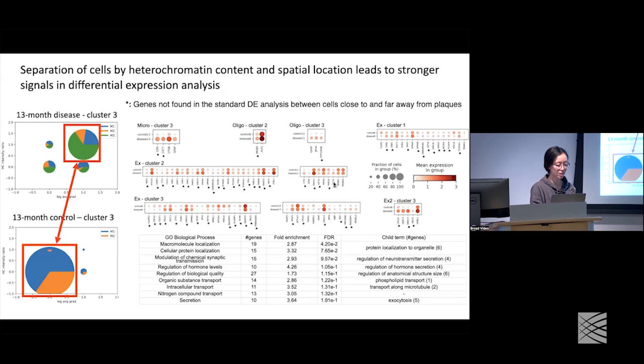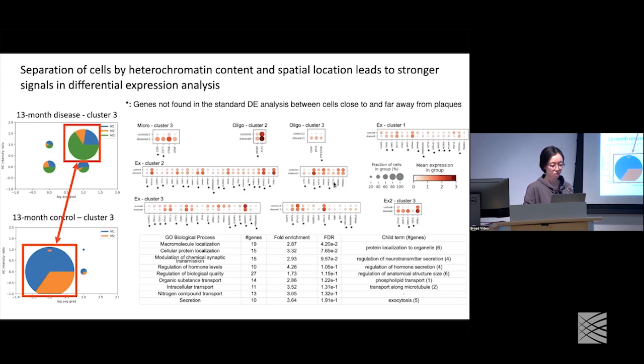We can then relate this biomarker that's given by the chromatin morphology to identify biomarkers of gene expression. So if we compare cells that have high heterochromatin and are very predictive of nearby plaque to the cells that have low heterochromatin and are not very predictive, we can identify genes that are associated with this change in predictiveness and in heterochromatin.